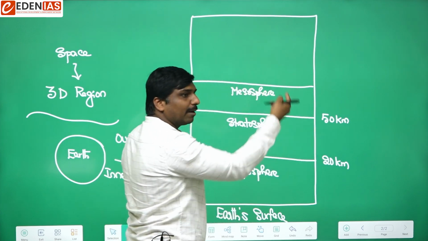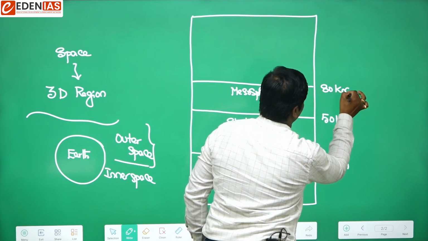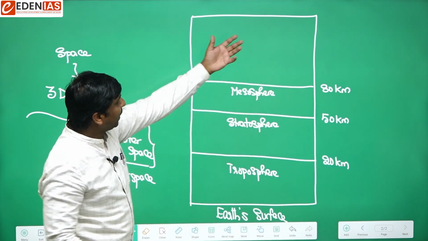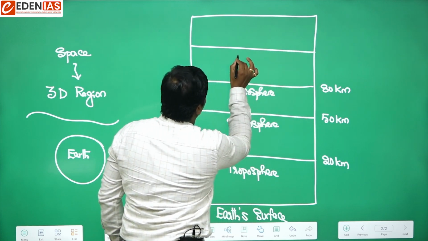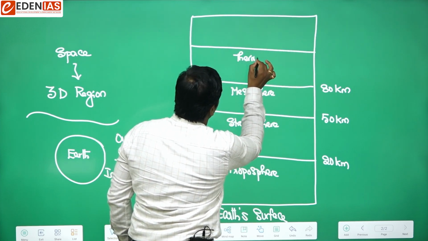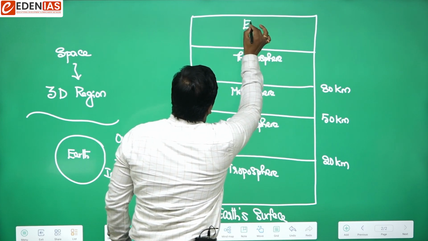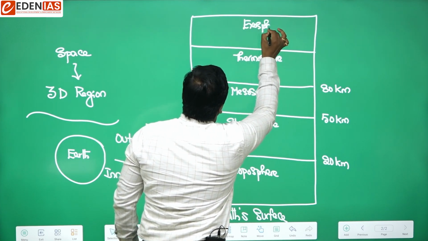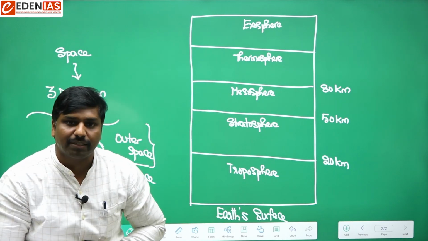This we can take up to 80 to 100 kilometers. So make it 80 kilometers. Then beyond this we will have the thermosphere and then the exosphere. I hope you have recollected the basic layers of the atmosphere now.